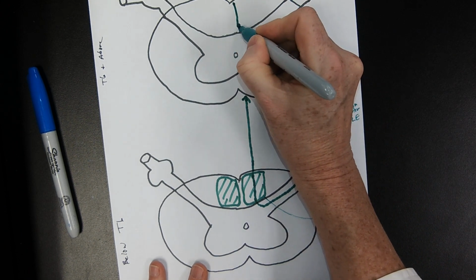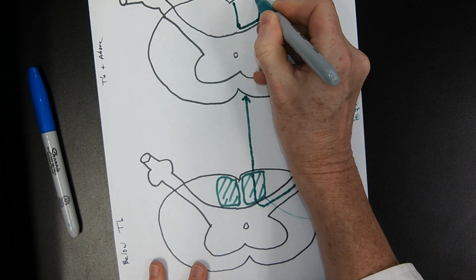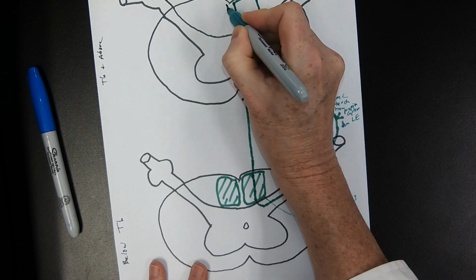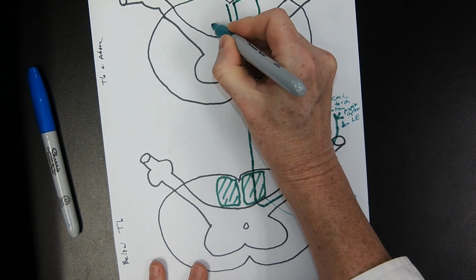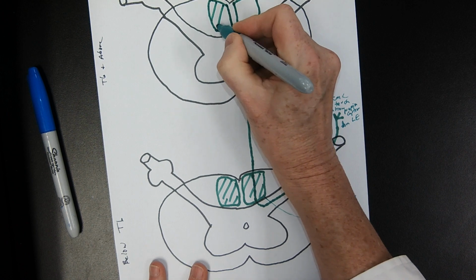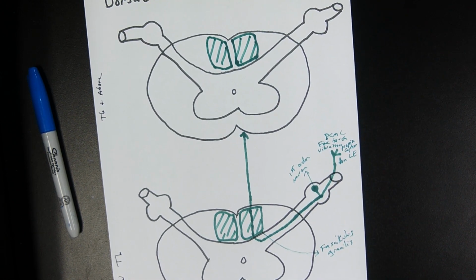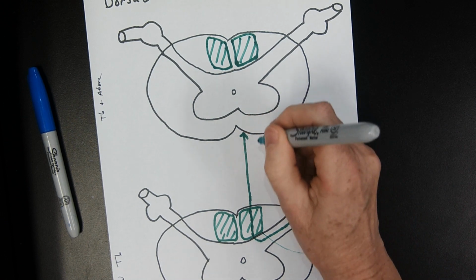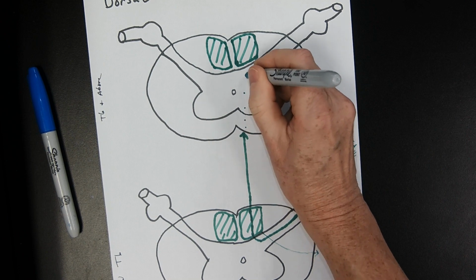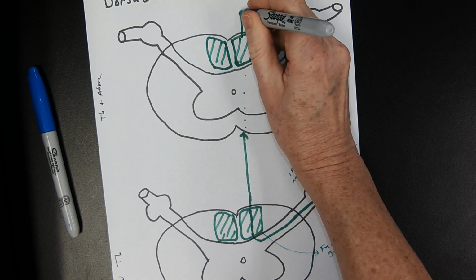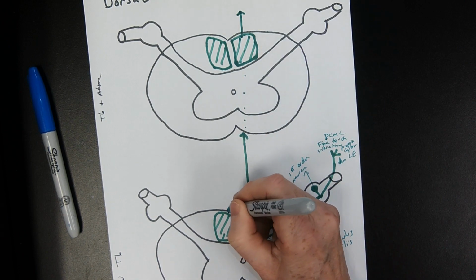So fasciculus gracilis, the tract, carries information about lower extremity fine touch, proprioception, and vibration. Okay. So really, as it travels up, I'm just going to represent this as it's traveling up through the same tract and then just keeps going up on both sides.